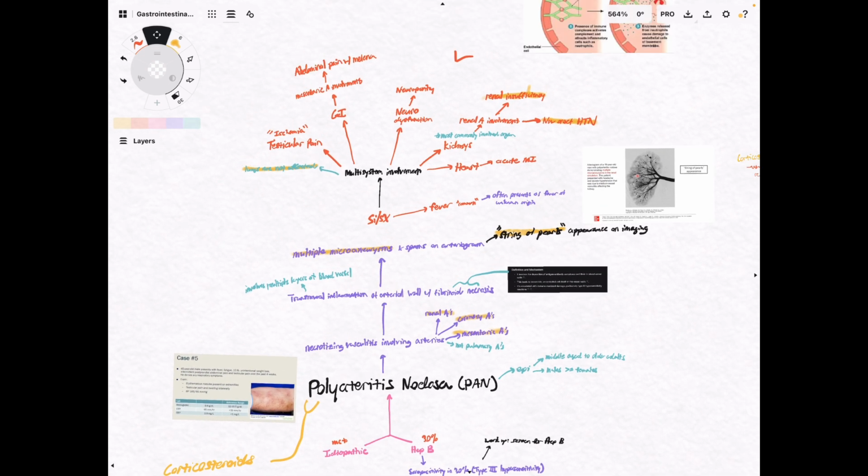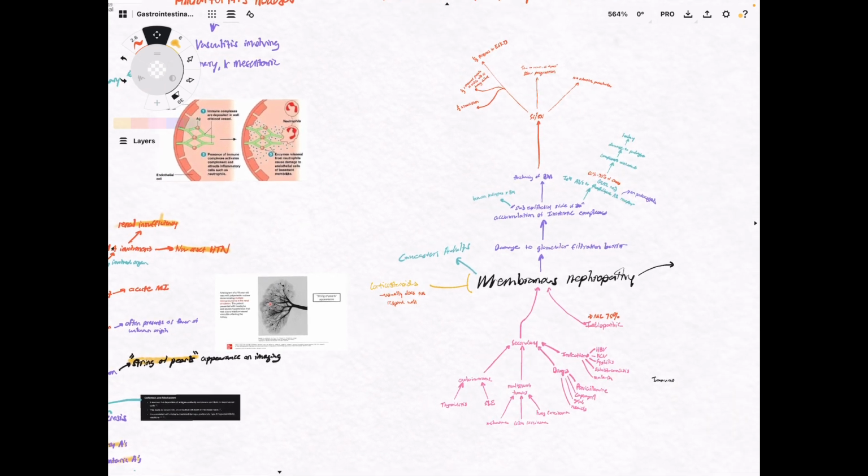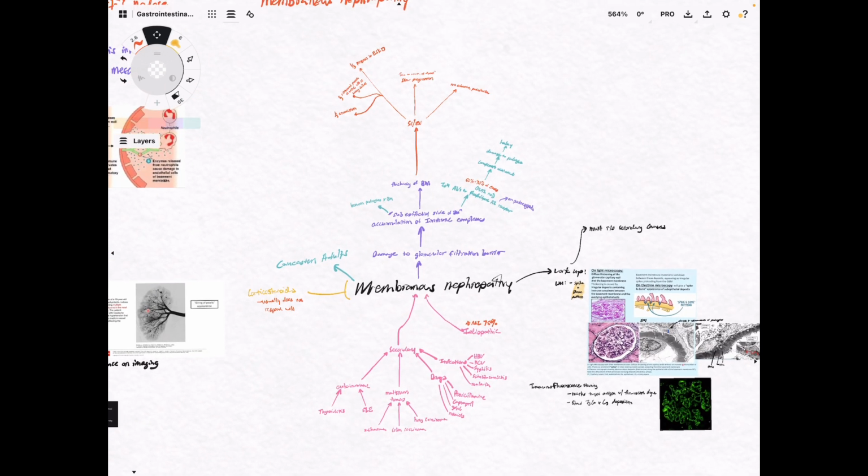Really significant for acute MIs. Let's move on to membranous nephropathy, also caused by Hep B. Most commonly the cause is unknown, but what happens is the type 3 hypersensitivity reaction lodges on the subepithelial side of the basement membrane.